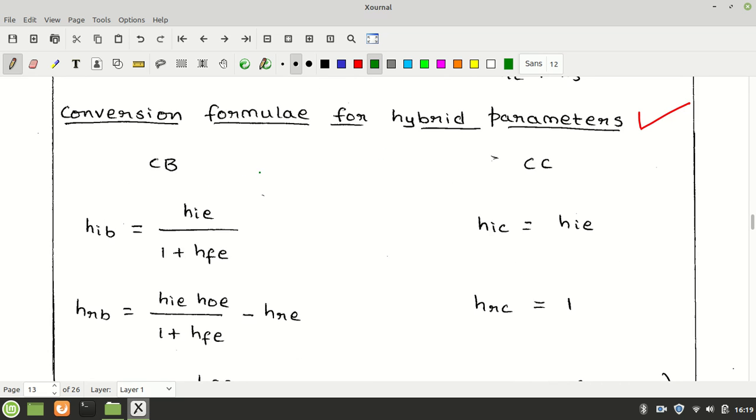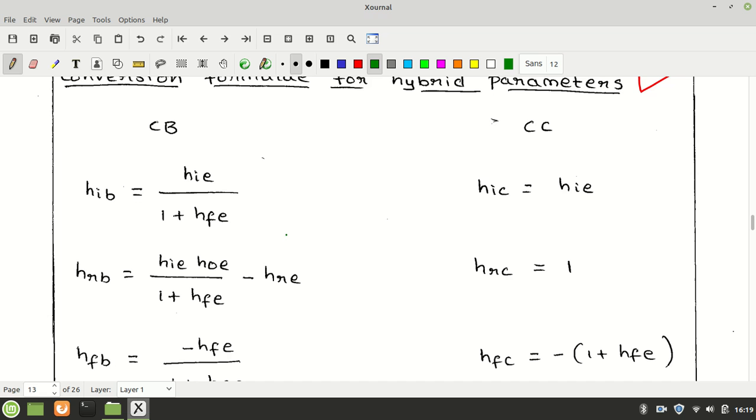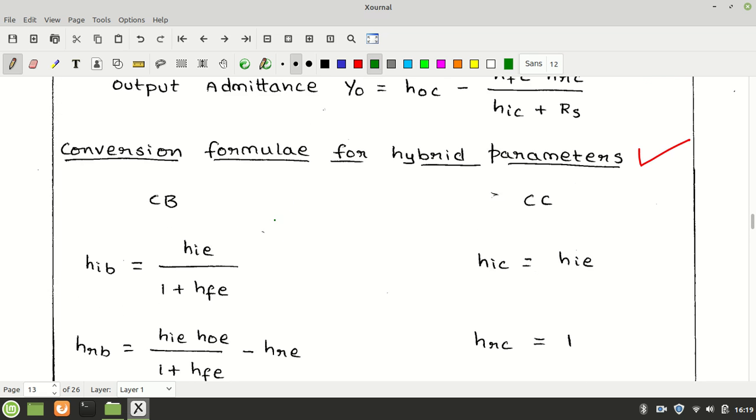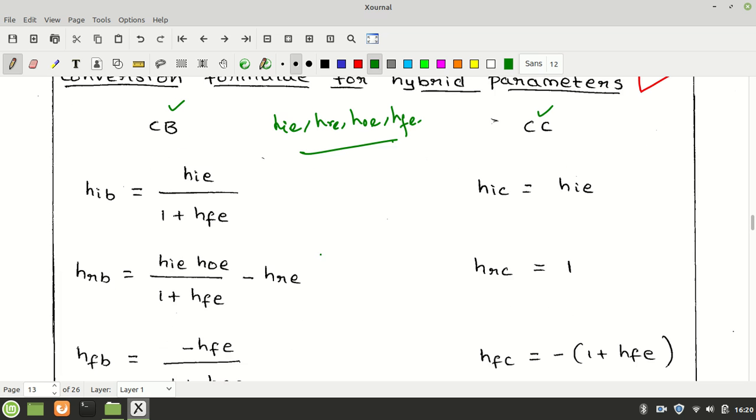Common emitter mode is the most general case, because if you know the common emitter parameters, that is hie, hre, hoe and hfe, then for the common base or the common collector connection with that particular transistor and biasing components, you should not calculate again, because there are relations between common base and common emitter, and between common collector and common emitter.